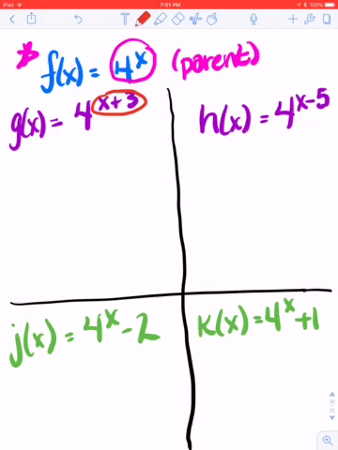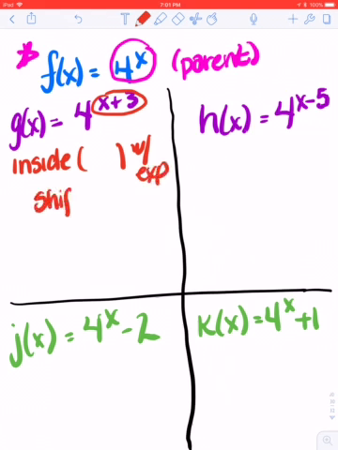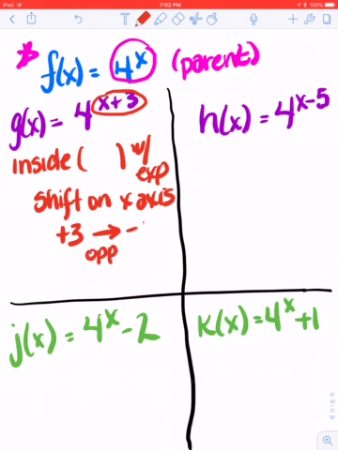So remember, as we talked about on Friday, that if it's inside those parentheses with the exponent, that means that it is a shift on the x-axis. If that's positive 3, remember we say it's got to be the opposite. So it's got to get shifted negative 3. Now that means that on this one, it would have to go left 3.